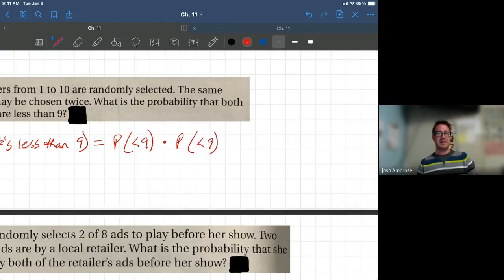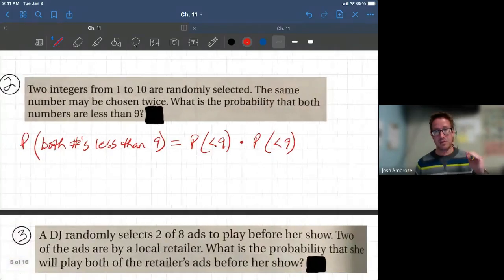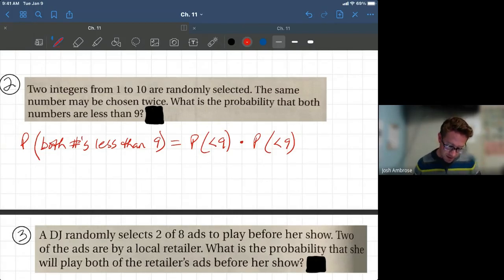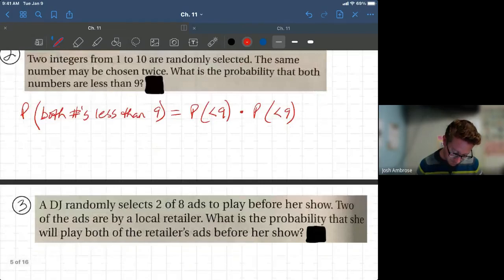Now the number is able to be chosen twice, and that is okay because we can find any value less than 9. They can be 8, 8, 7, 7, 6, 6, all the way down. The same number chosen twice, both less than 9. So what is our total possible? It's 10.